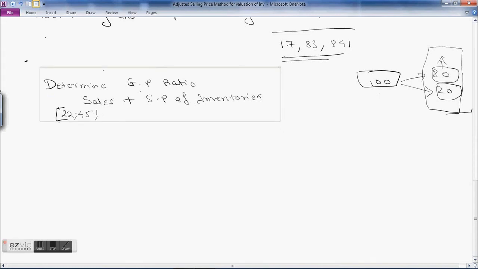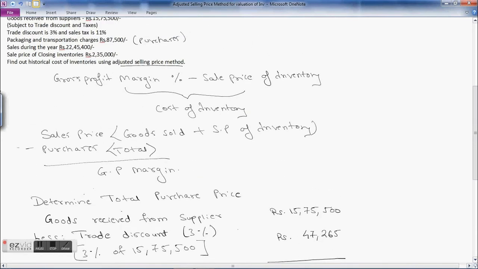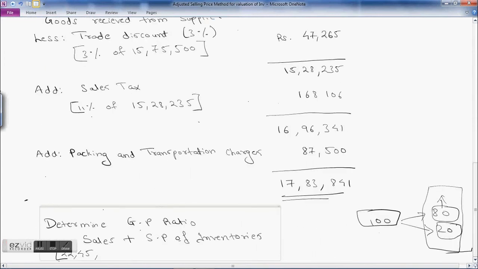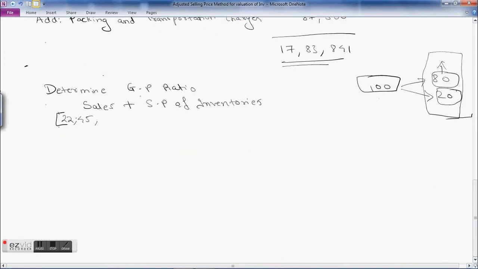So 22,45,400 plus selling price of inventory 2,35,000. This comes to 24,80,400.